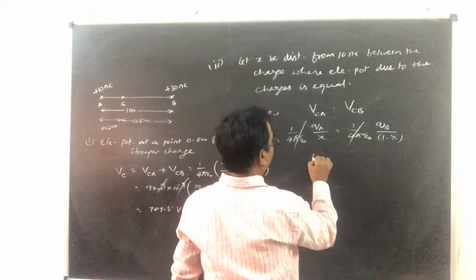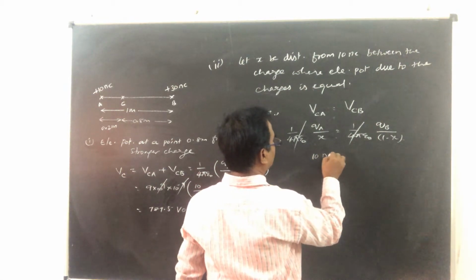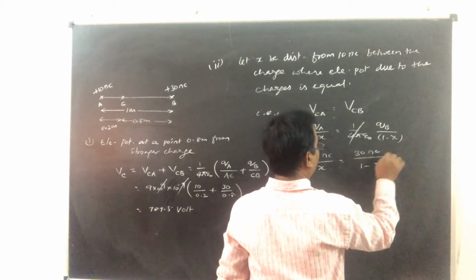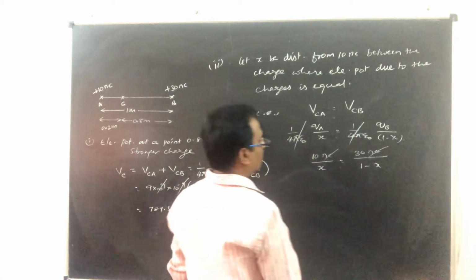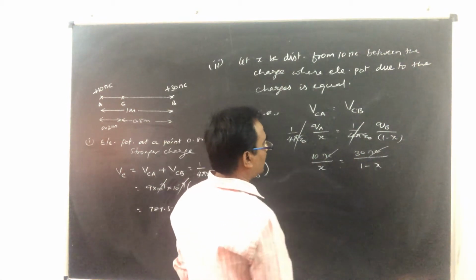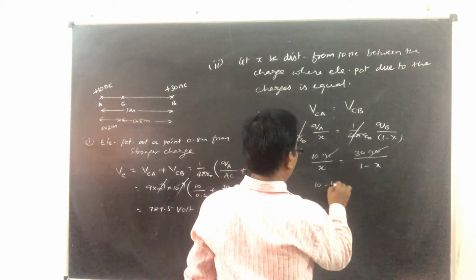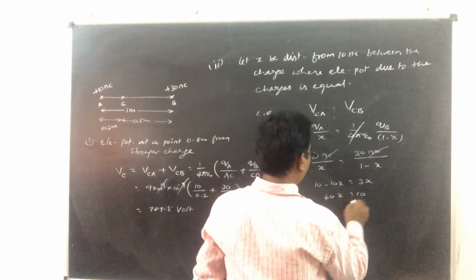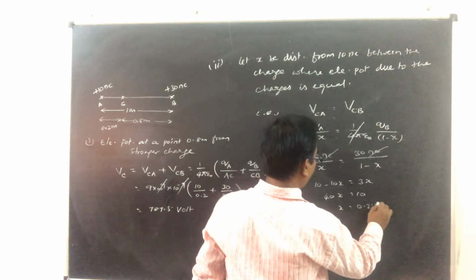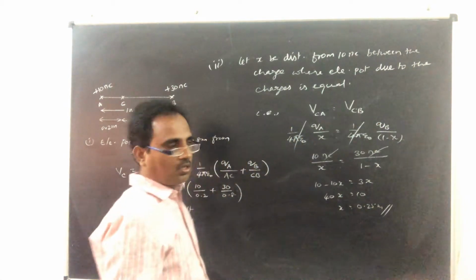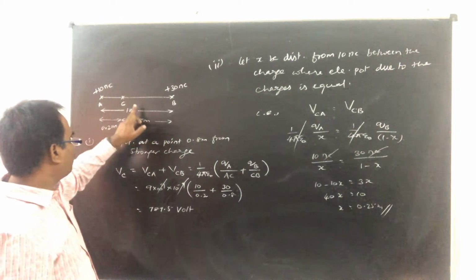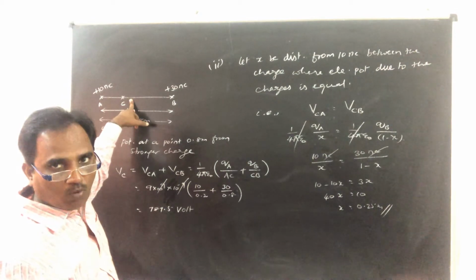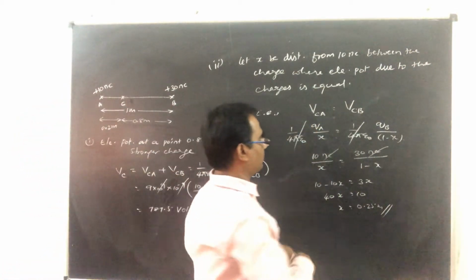So, 10 nanocoulomb divided by x is equal to 30 nanocoulomb divided by 1 minus x. The 10 to the power of minus 9 can also be cancelled. So, 10 minus 10x is equal to 30x. Therefore 40x is equal to 10, x is equal to 1 by 4, which means 0.25 meter. So from this charge at a distance of 0.25 meter, the potential due to them becomes equal. Understand this one?